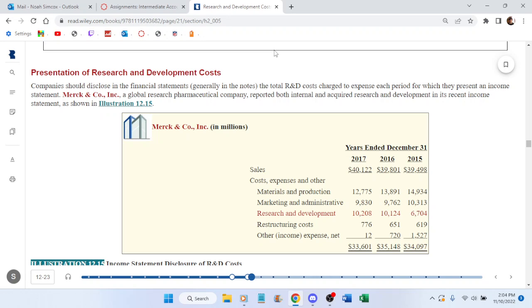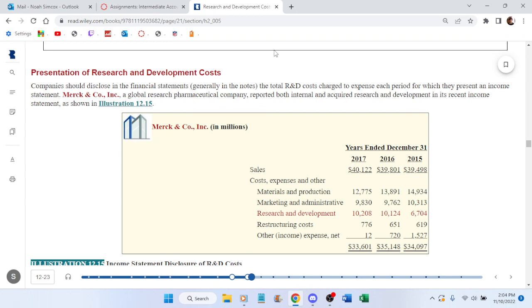We have a statement of income, costs, research and development is included as an expense.